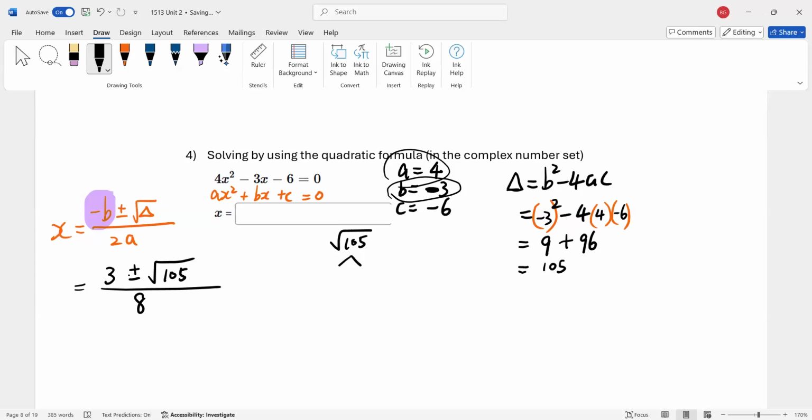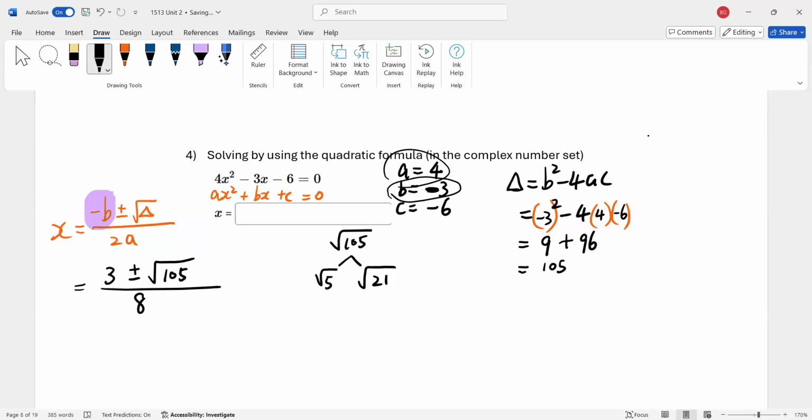So we know 105 is divisible by 5. Let me get a calculator. 105 divided by 5, 21. Okay, so we can write root 105 as root 5 times root 21, right?